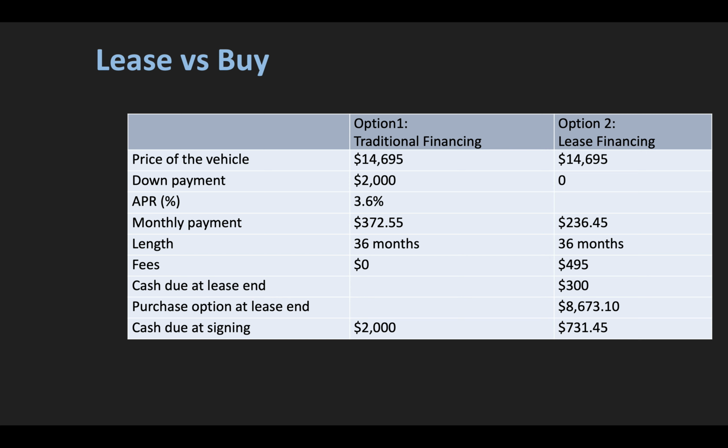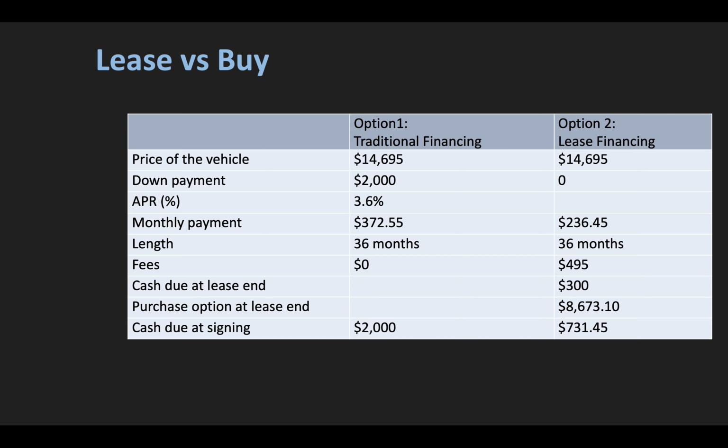Each month you need to pay $372.55 every month. That's for the traditional financing. But for leasing, you only need to pay $236.45, right? Length is the same, right? Either way, you're going to have it for 36 months.